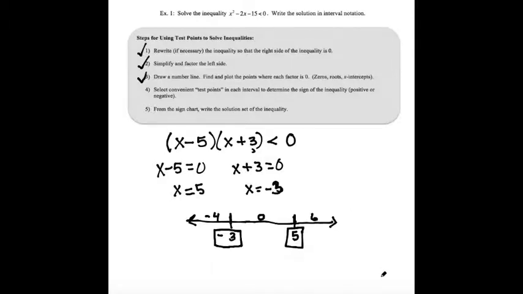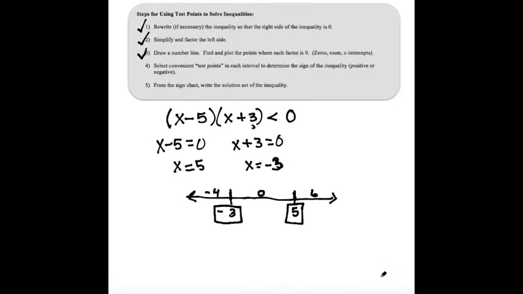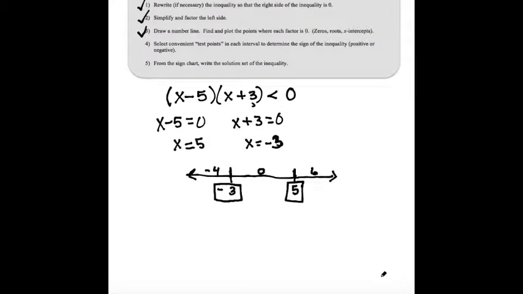And here's what they mean by determine the sign of the inequality. So I'm going to scroll up a little so I have some more room. When I put negative 4 into this inequality, into x minus 5 times x plus 3, that's negative 4 minus 5 times negative 4 plus 3. I'm not worried about what the answer is.